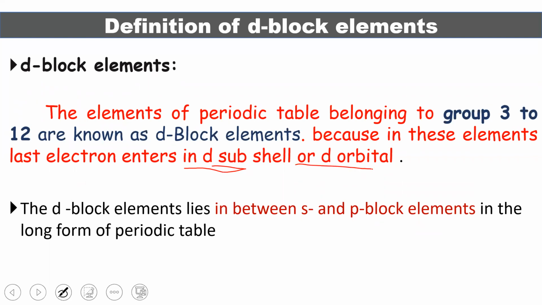D block elements are the elements in which the differentiating electron enters into its d subshell or d orbital. So those elements are known as D block elements. In the periodic table, the D block elements are located in between the S and P blocks.